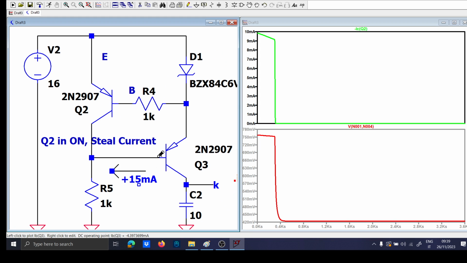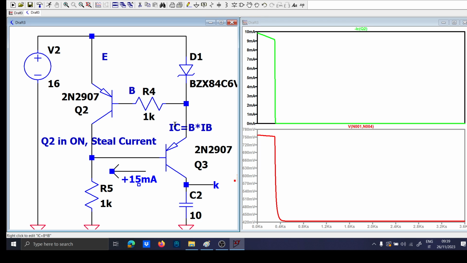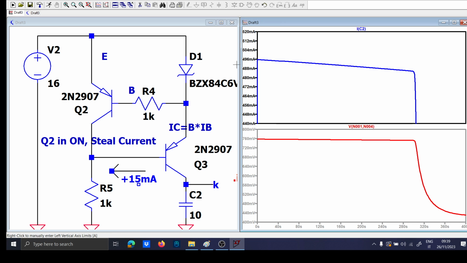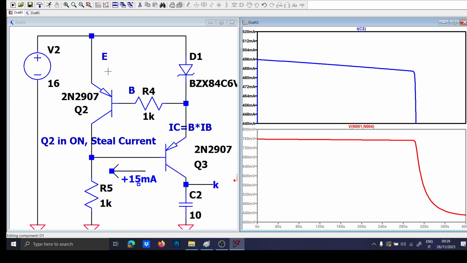By stealing current from the base, you're reducing the current that this transistor can drive. Remember that the equation is always IC equal to beta times IB. So by reducing the current of the base, you reduce also the current of the collector, and you have exactly what you want: a clamped current load, 50 milliamps. Now you can change this as you prefer, but I think that you got the picture.